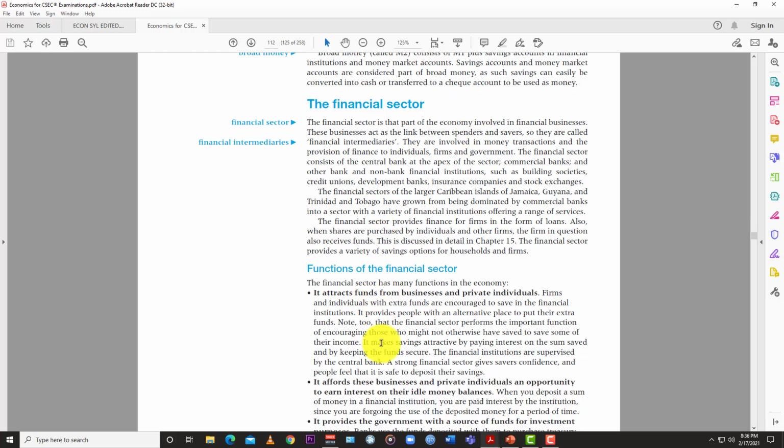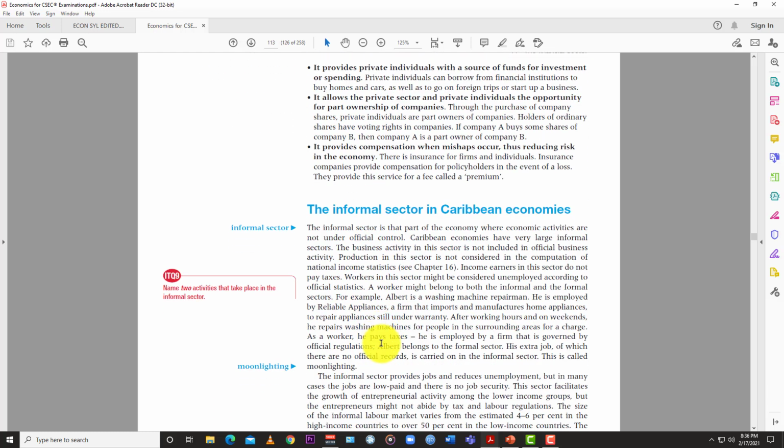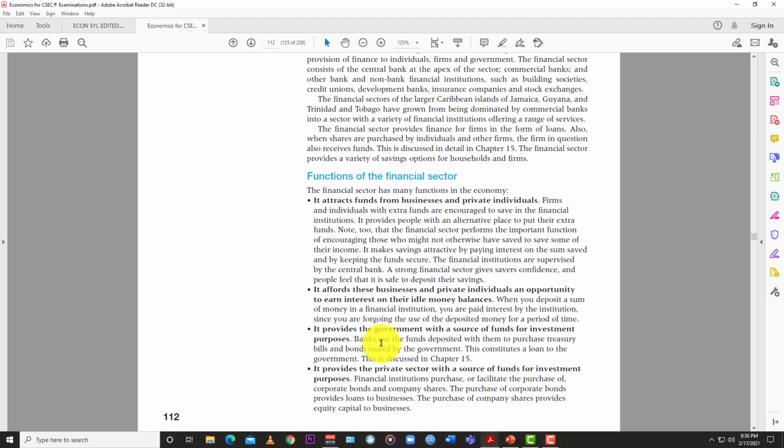What are the functions of this sector or this system? According to your textbook, the financial sector has many functions in the economy. It attracts funds from businesses and private individuals. Firms and individuals with extra funds are encouraged to save in financial institutions. It provides people with an alternative place to put their extra funds.